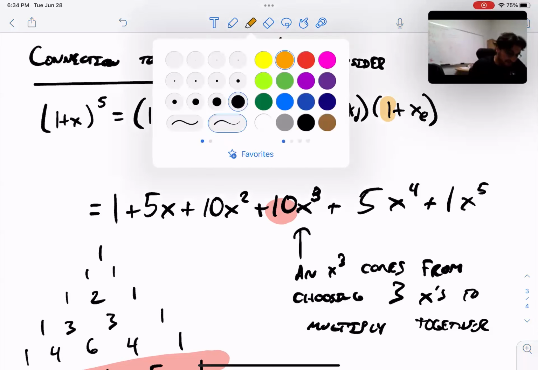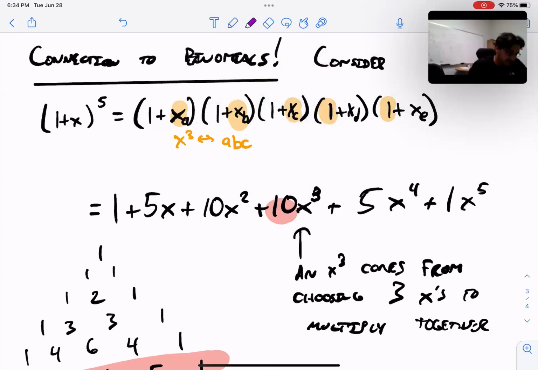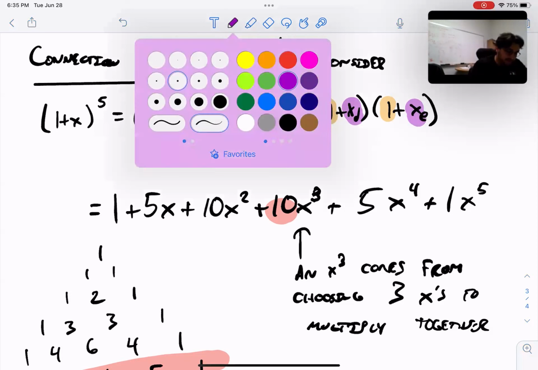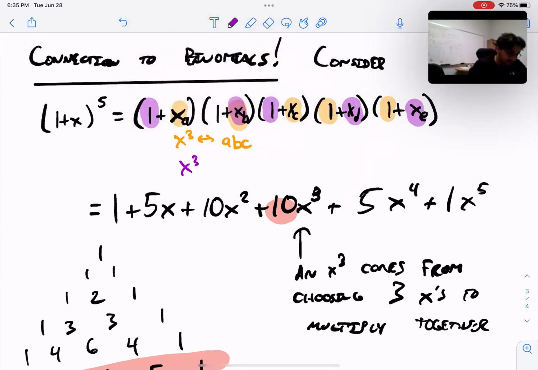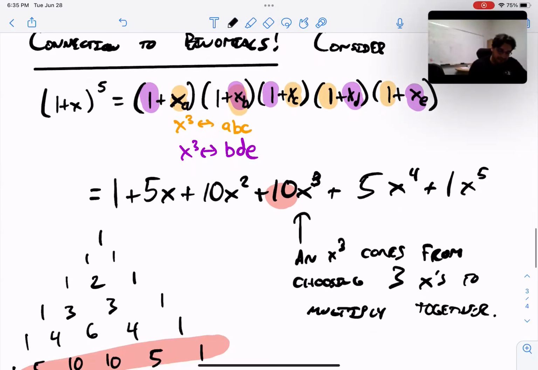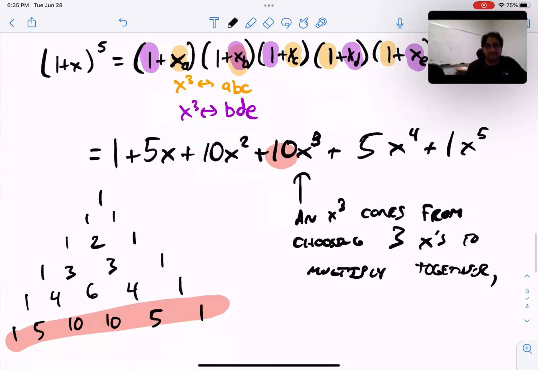How about if I did 1 times xb times 1 times xd times xe? That would be an x cubed, and that x cubed would correspond to b, d, e. So what do we have? We have a perfect correspondence between the x cubes that are generated when you expand this product and choices of 3 letters from 5.